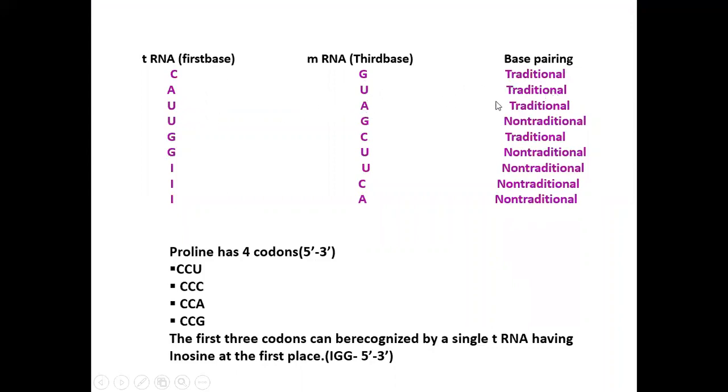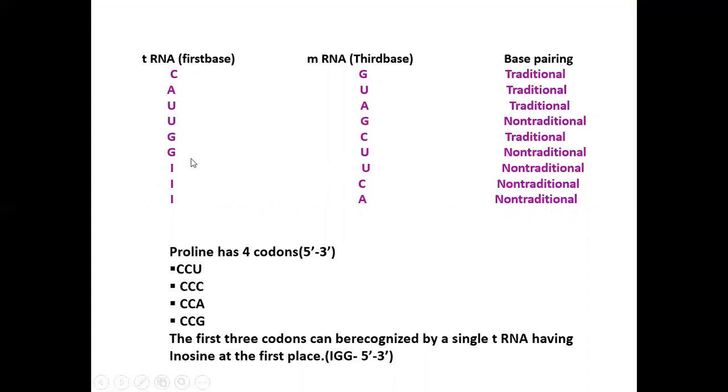U also pairs with A, which is traditional. But U also pairs with G sometimes. This is called non-traditional base pairing. But G also pairs with C, which is traditional. And one more, inosine. This is a modified nitrogen base which can pair with U, C, and A also.